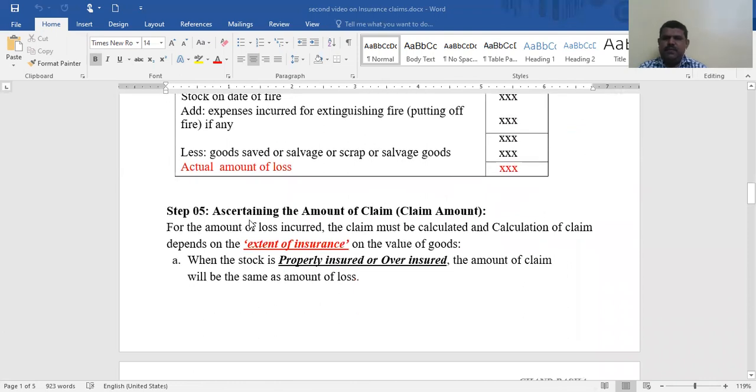Then step number 5, ascertaining the amount of claim. We have to find out the amount of claim. This depends on the extent to which the stock is insured. If the stock is properly insured or over insured, the amount of claim will be the amount of loss.